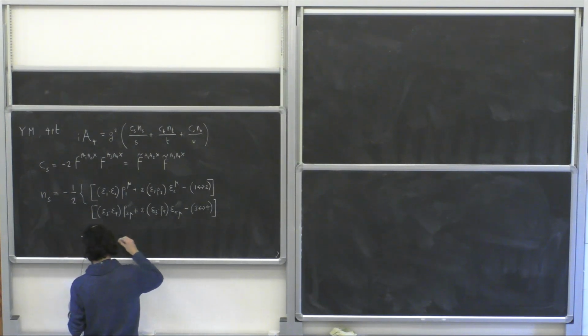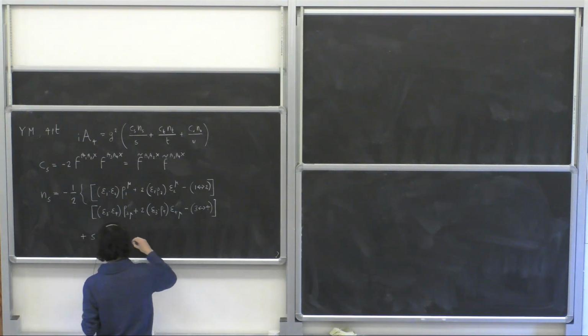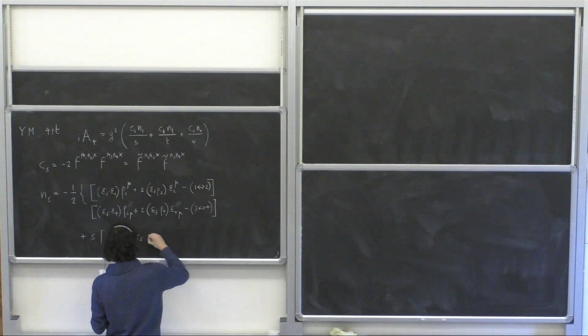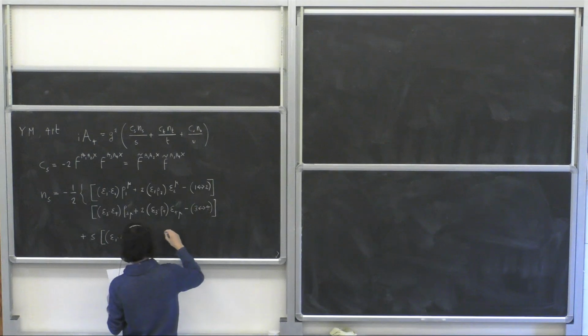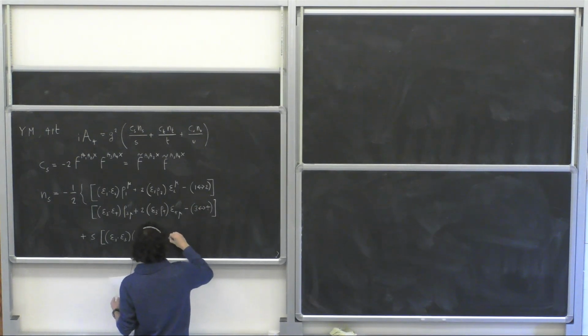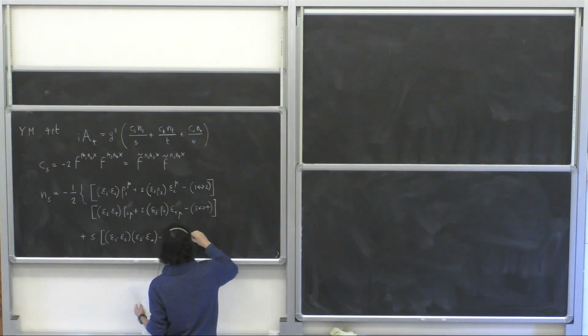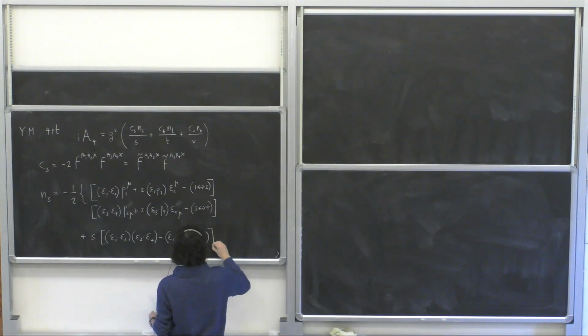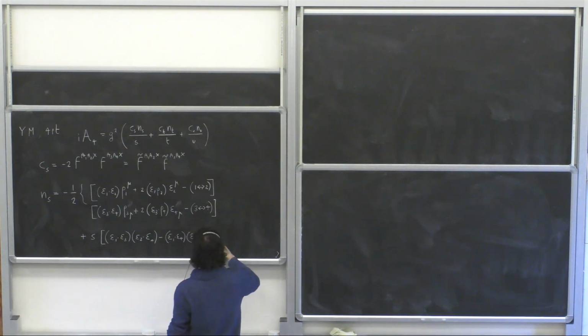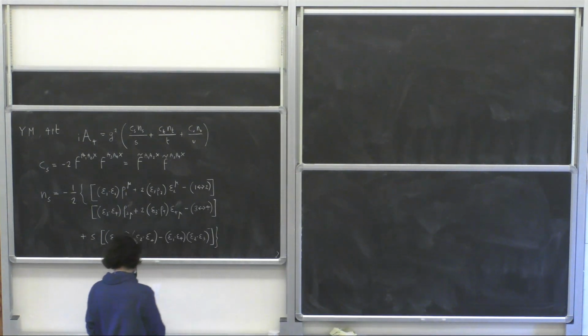I didn't write this on the first day, partly because it was equal to 0 in that particular choice of reference momenta which we had, and partly because I consider that to be an independent graph and it was not absorbed in one of the 3 graphs. 2, 4 minus epsilon 1, epsilon 4, epsilon 2, epsilon 3. Okay. Very good.